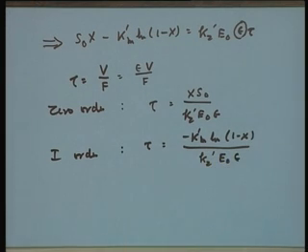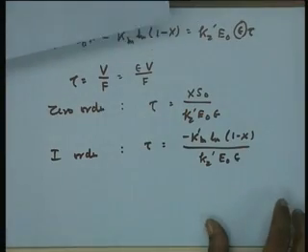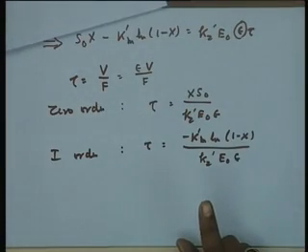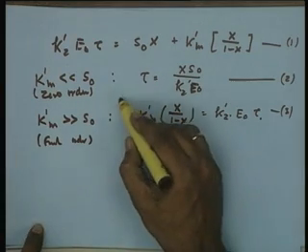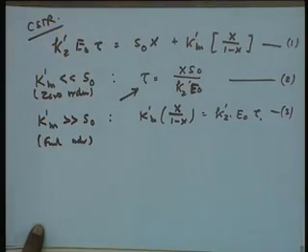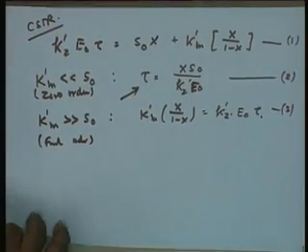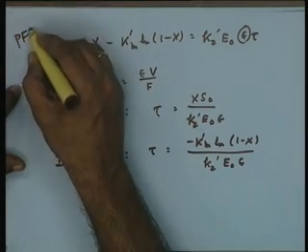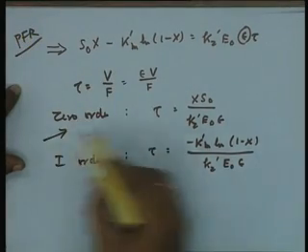Now, I think it's a very important feature which I would like you to recall, that the reactor performance equations for zero order design for both CSTR as well as for PFR are identical. If you look at equation number 2 here for the CSTR, and the equation for the zero order design in the case of PFR, they are identical.